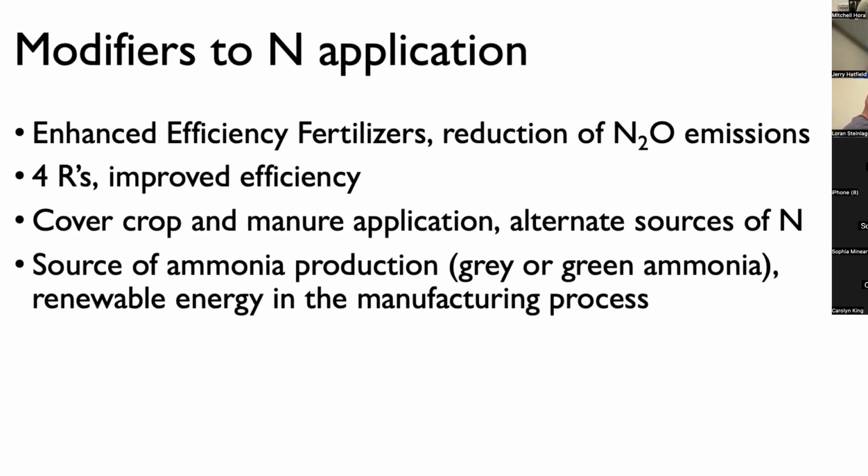I think there's a lot to be worked out, but let our imaginations and creativity figure out how we approach some of these problems, knowing that we have to have nitrogen fertilizer going into our crop production. So how do we get there? How do we show that we can reduce that as well?